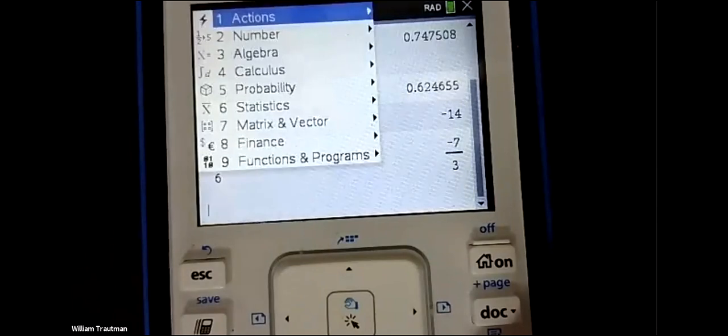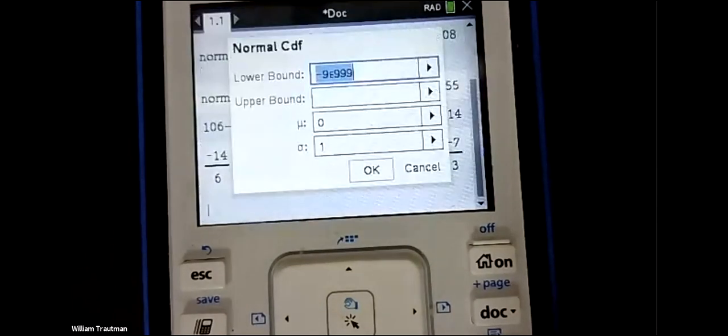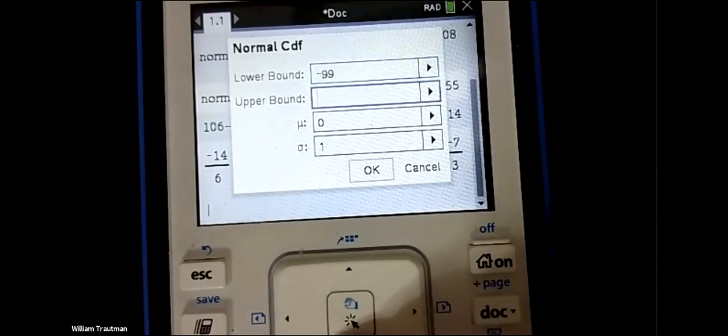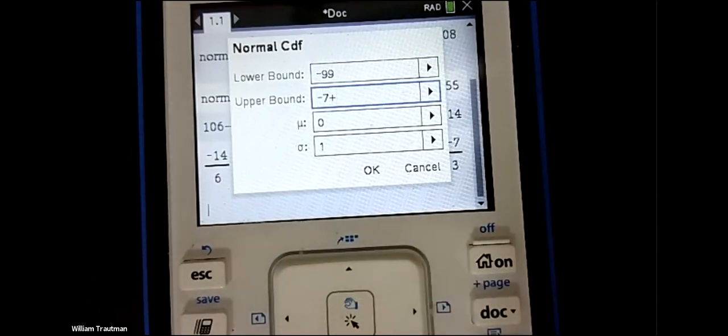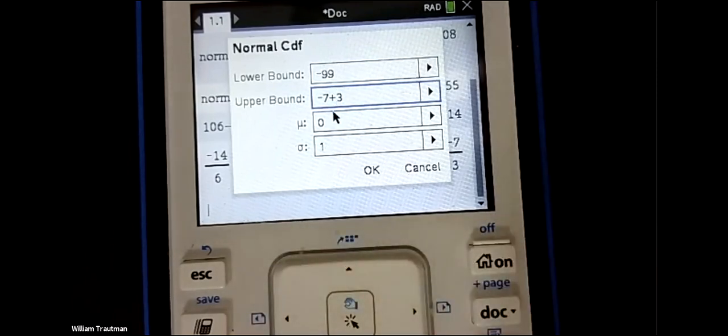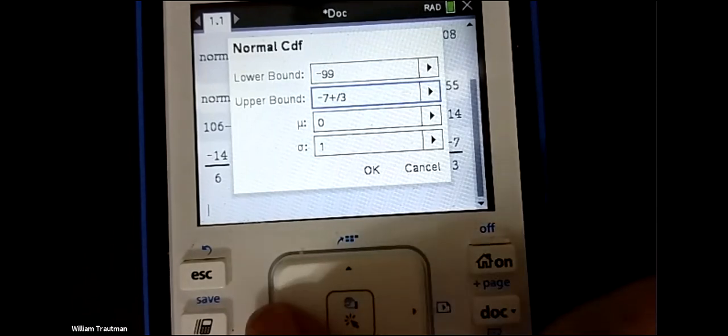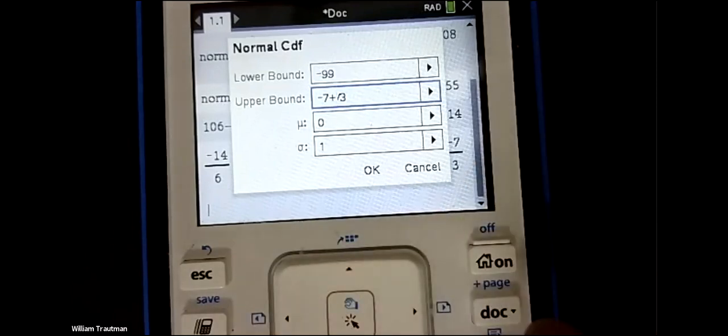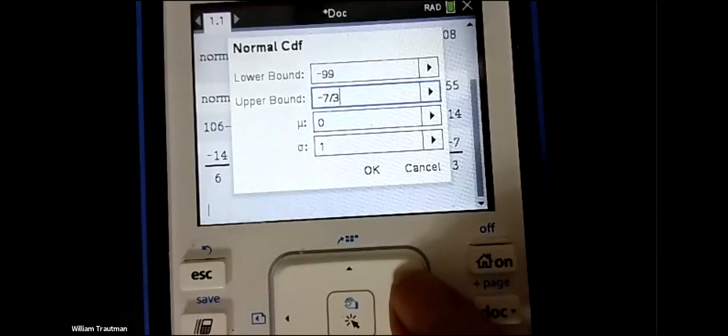So I'm going to do menu 552. Lower boundary was -99. Upper boundary was -7/3, 7 divided by 3. I'm still punching the right button in. Hang on, I'm going to get there. There, is that 7 divided by 3?